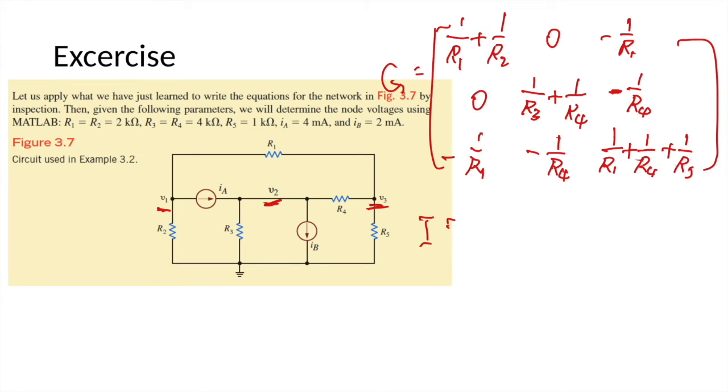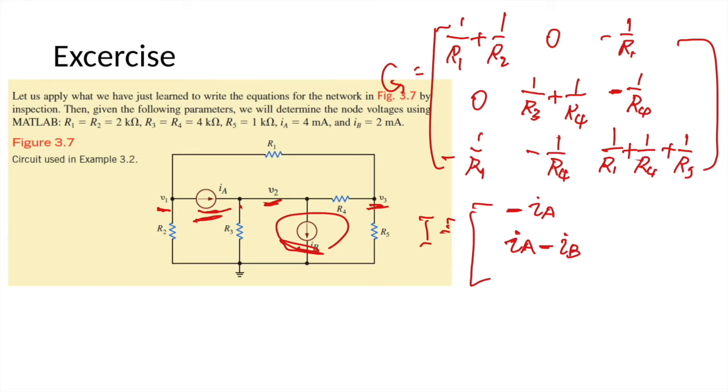And the I matrices. For node 1, we have the current IA leaving node 1, so that is the negative IA. For node 2, the IA is entering node 2, so it is positive IA. And also there's IB leaving the node 2, so that is IA minus IB.